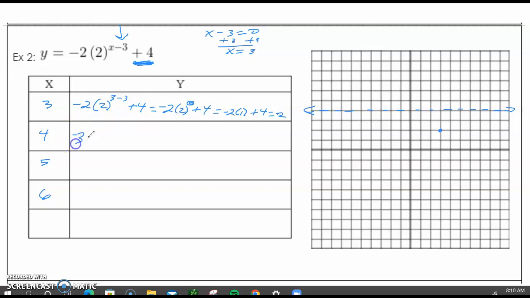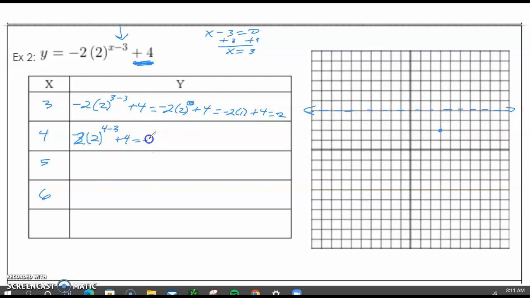We'll find out. Negative 2 times 2 to the 4 minus 3 plus 4.